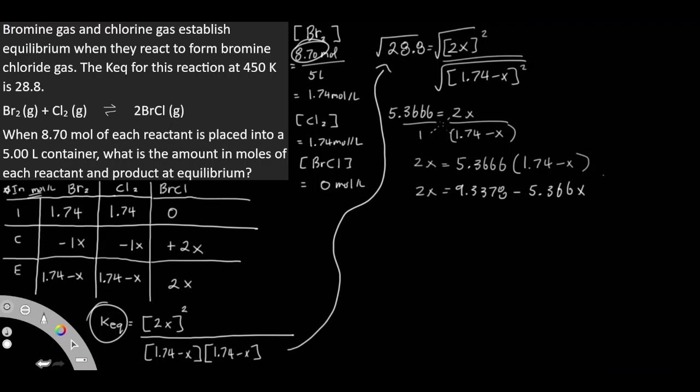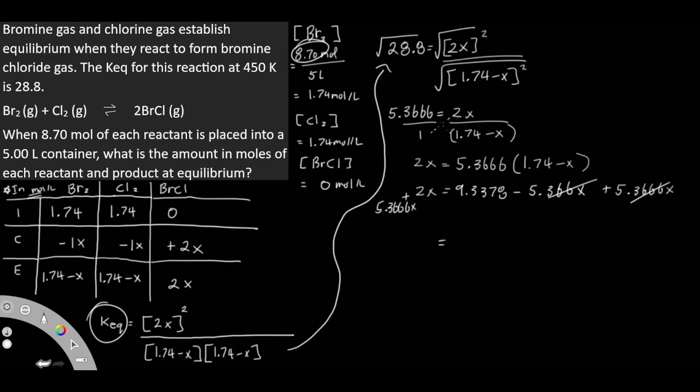Now what do we want to do? Of course we want to bring this x closer to that x, because we can eventually just put them together and then find x quite easily. Right now it says negative 5.3666. What's the opposite of that? You're just going to plus 5.3666. Obviously these cancel out. If you do this on the right side, you got to do it on the left side. So let's add that over here, 5.3666.